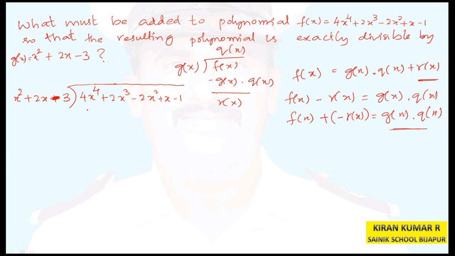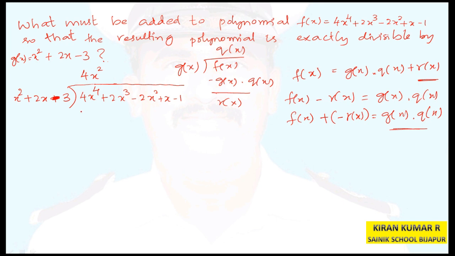So let's do this. The first term is 4x to the power 4. When 4x to the power 4 is divided by x square, I'll be having 4x square. So 4x square is the first term. I'll multiply.